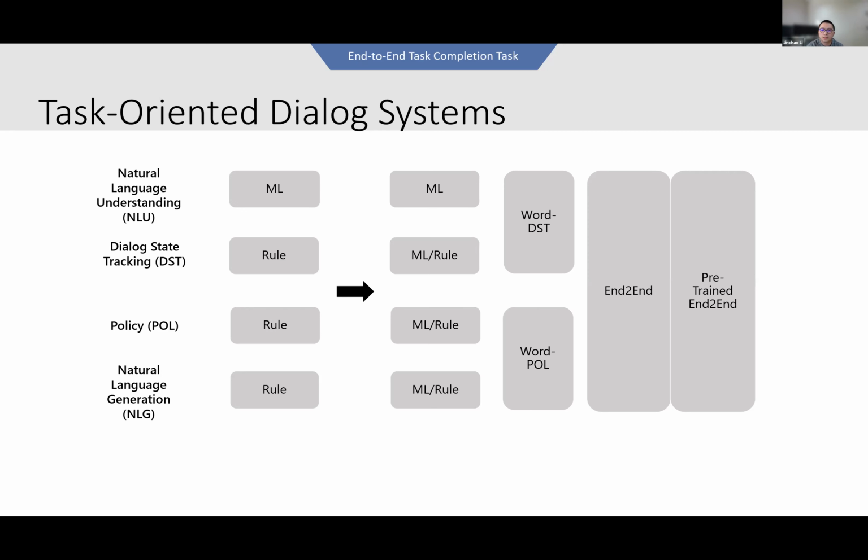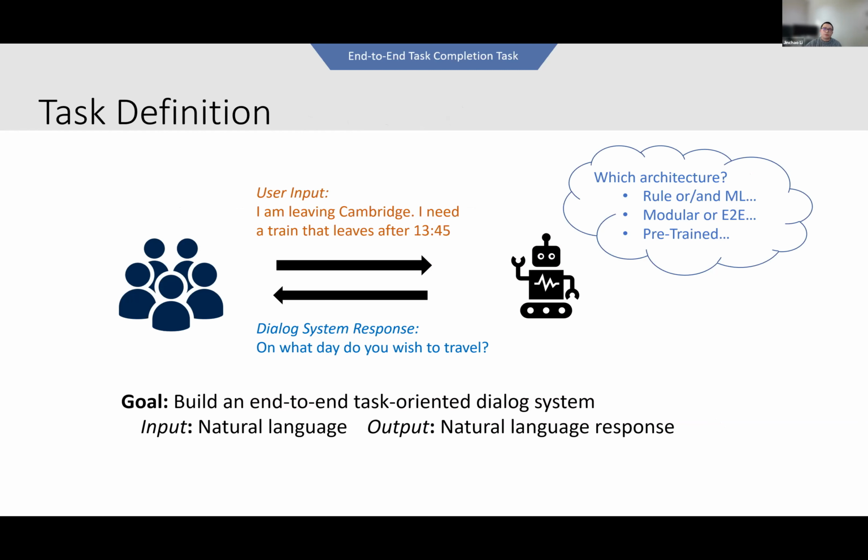So in DSTC8, we hosted a challenge for end-to-end task completion. The best performing team in automatic evaluation actually used the modular approach, and the best performing team in human evaluation used the end-to-end pre-trained model. So as a direct extension of DSTC8, in DSTC9, we host another round of challenge to promote the technology of building end-to-end dialogue systems.